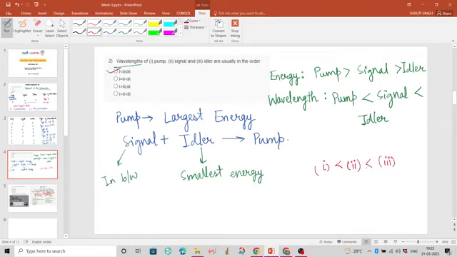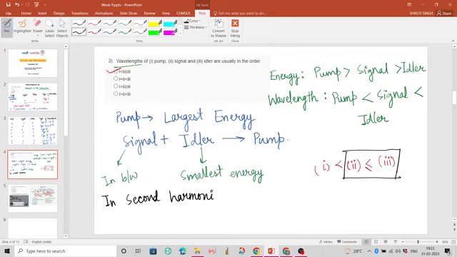Also the signal and the idler can be of the same wavelength. This is true for second harmonic generation.